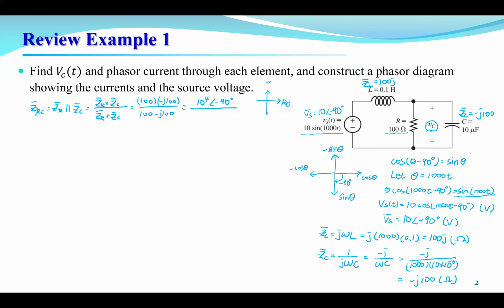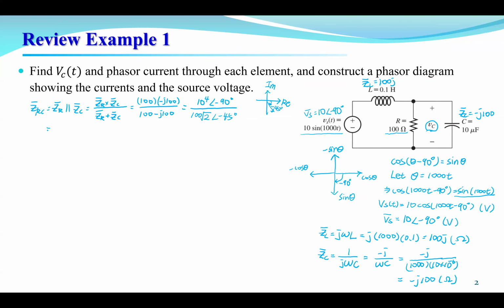The real part is positive and the imaginary part is negative, which means it falls in the fourth quadrant. Because the real and imaginary values are both 100, its amplitude is 100 times square root of 2. And because it's in the fourth quadrant, the angle is minus 45 degrees.